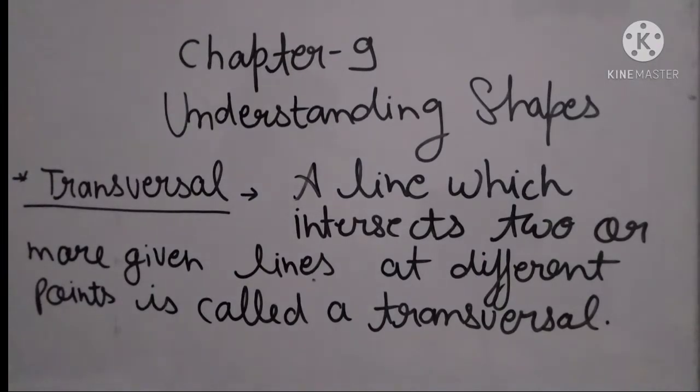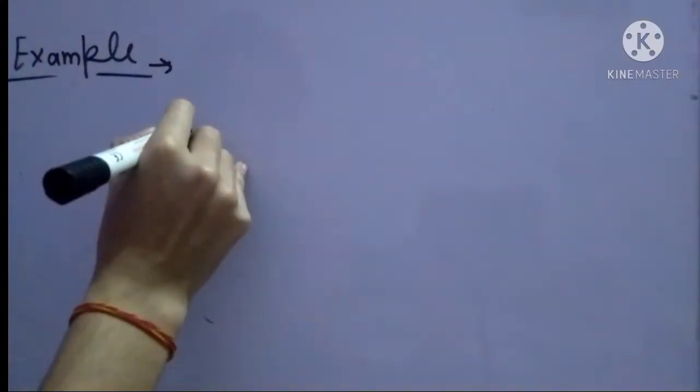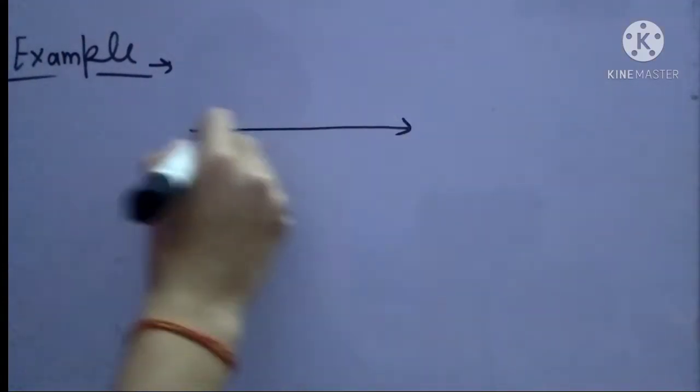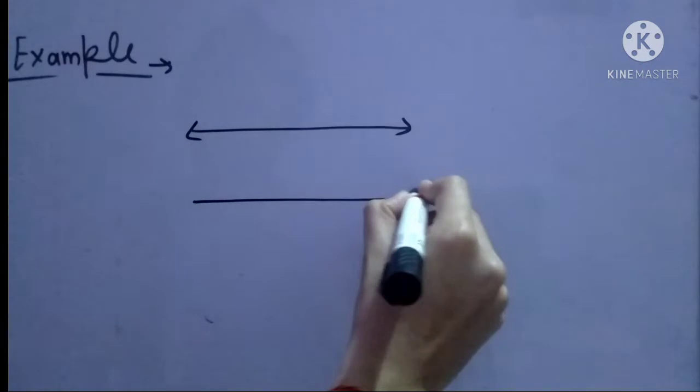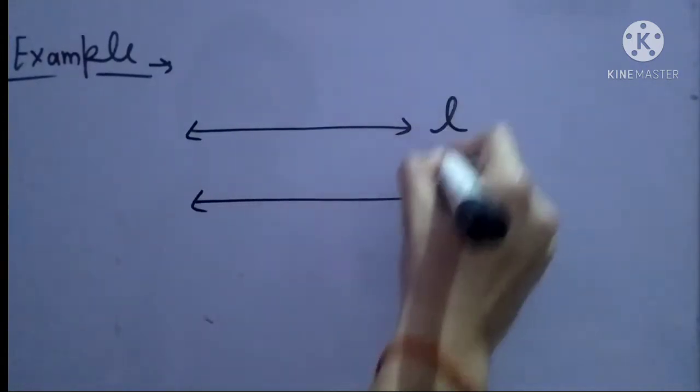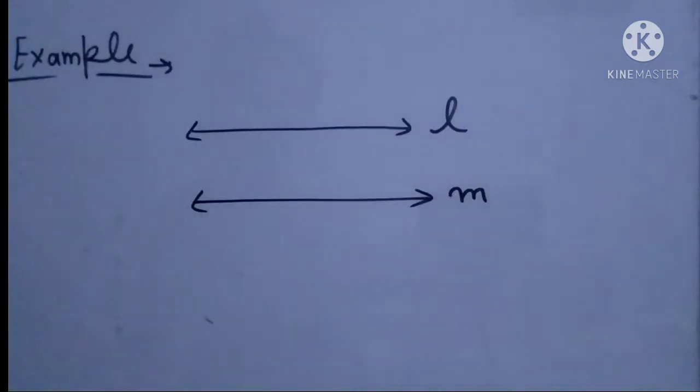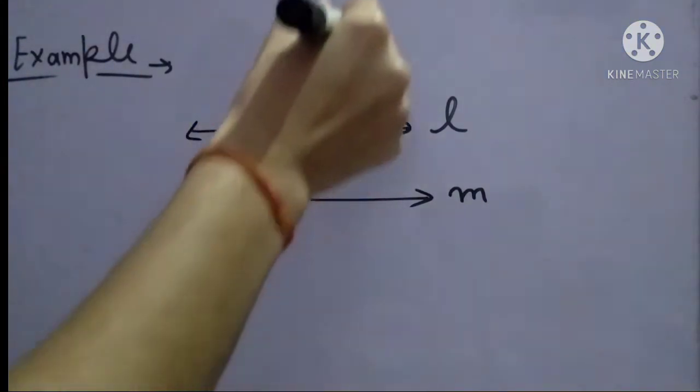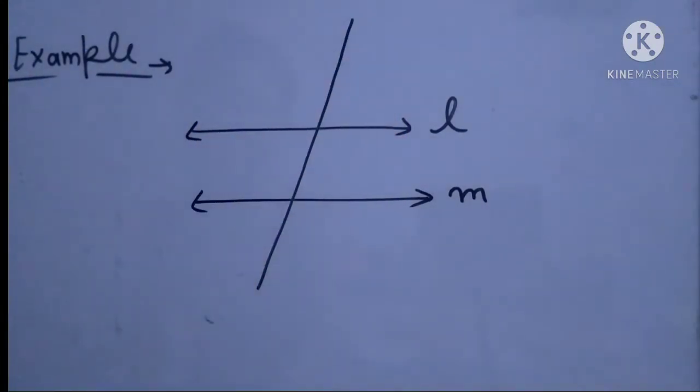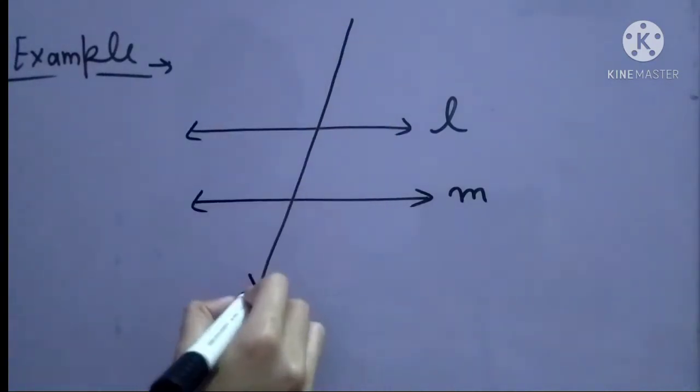See in the example, these are two lines, line L and line M. So a line which intersects two or more given lines. So this line intersects these two lines.